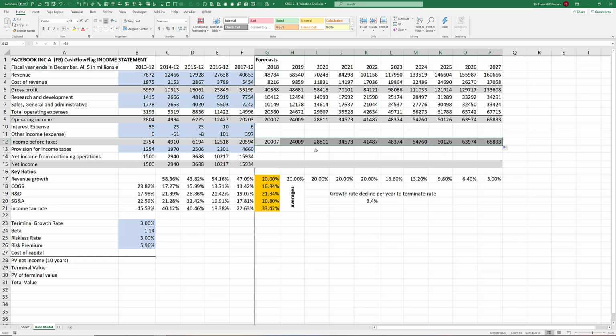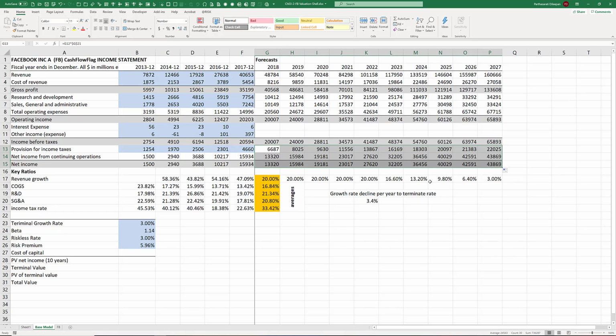Now provision for income tax will be income before taxes times the tax rate, which is that, press F4, and then that will be the net income. Let's get rid of the decimal places. So now we copy that over.